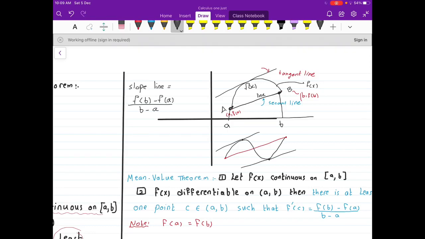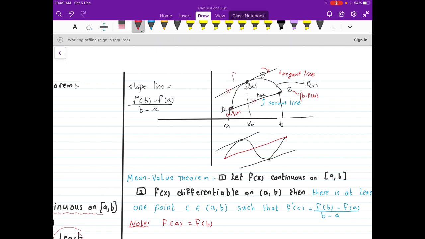Now, if we draw a tangent line at x naught, واضح إنه هذا tangent line parallel للsecant, and we know if two lines are parallel, so they have the same slope.